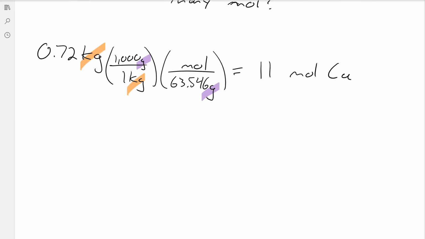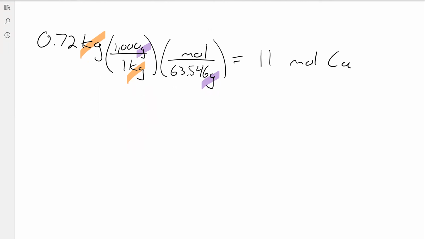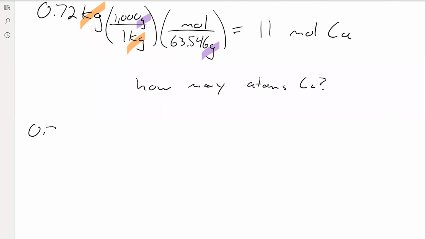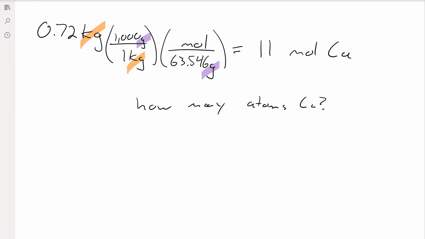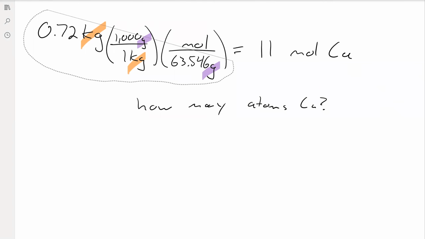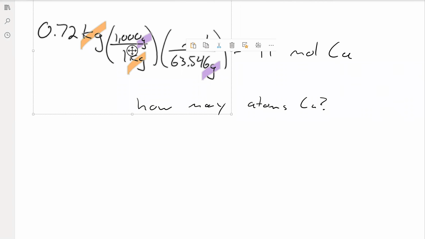And you could go even further. Remember that moles and atoms, they're the same concept. So you could just ask yourself, how many atoms of copper? And you would do the same process, right? Start off with your 0.72 kilograms. Through the magic of technology, I'll just copy this over.